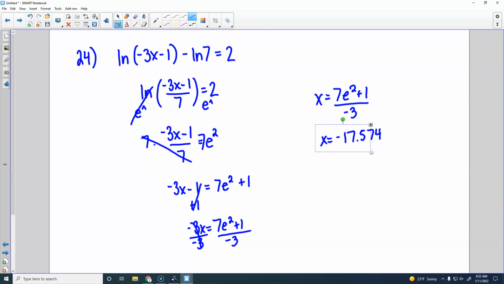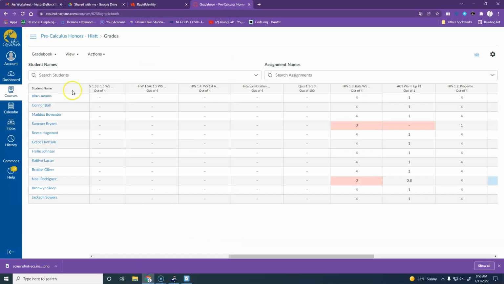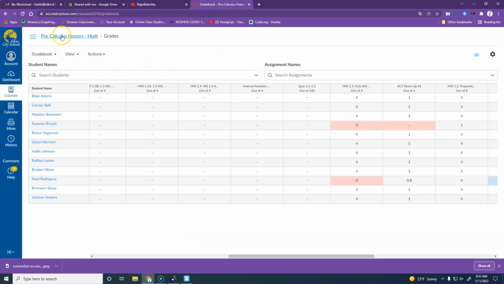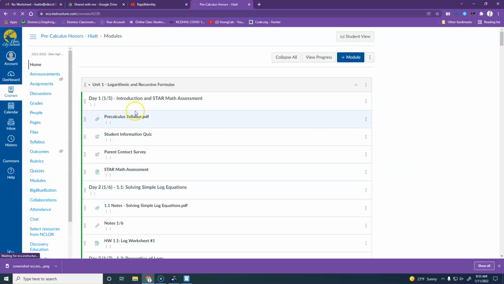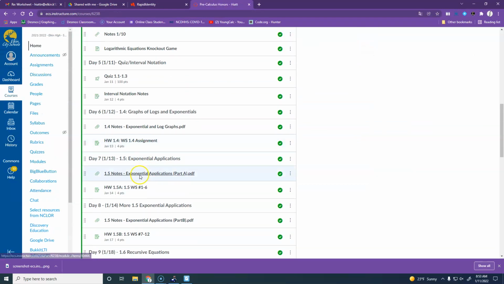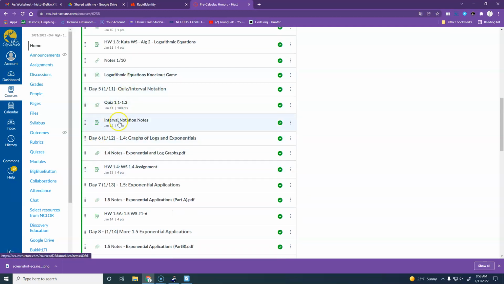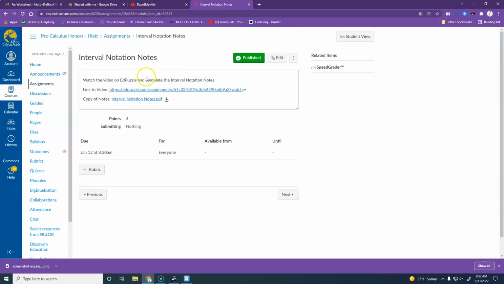And then after the quiz, I'm going to have you guys take some notes on interval notation. And what I have done for that, because I like for you to be able to make the best use of your time, I'm pretty sure I've got it up here anyway. I didn't double check this either. So you'll see the quiz here, and then interval notation notes is here.